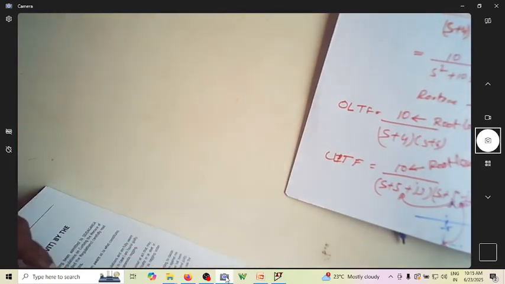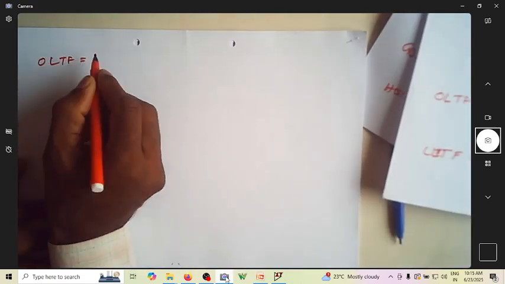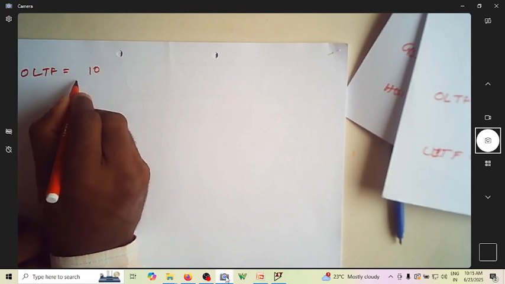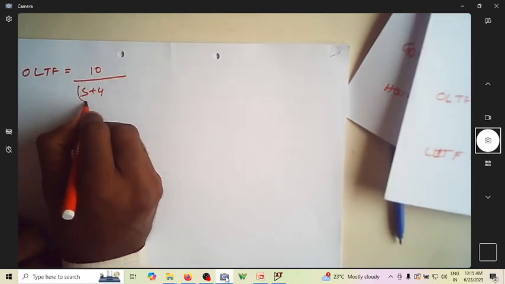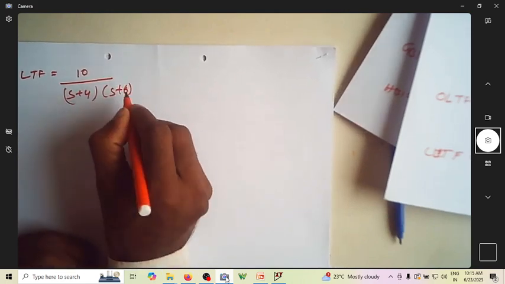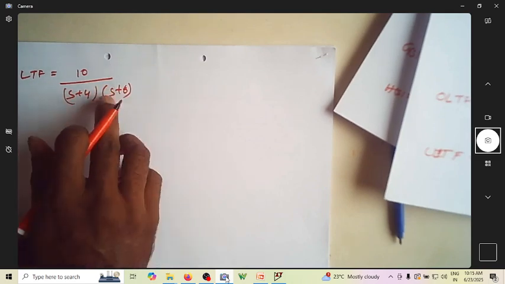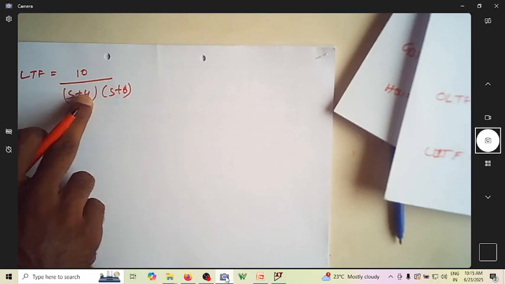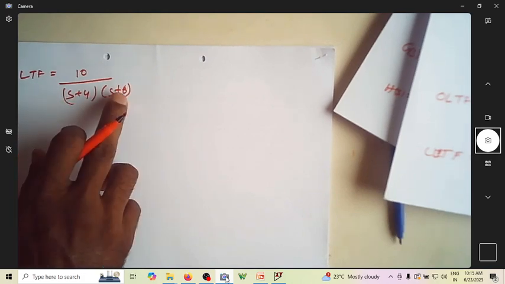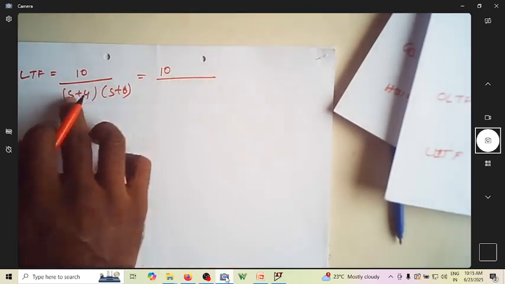Okay, now let us take the same open loop transfer function, 10 by (s plus 4)(s plus 6). What I'll do is make the constant term in each factor 1. How do I make this 1? I have to take 4 outside and 6 outside. So it is 10, of course, the same equation.